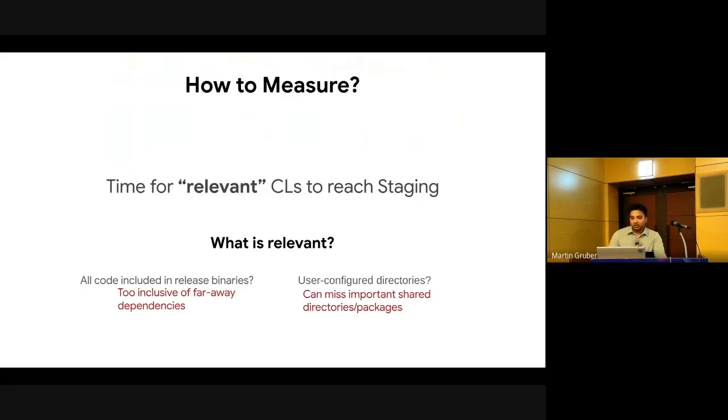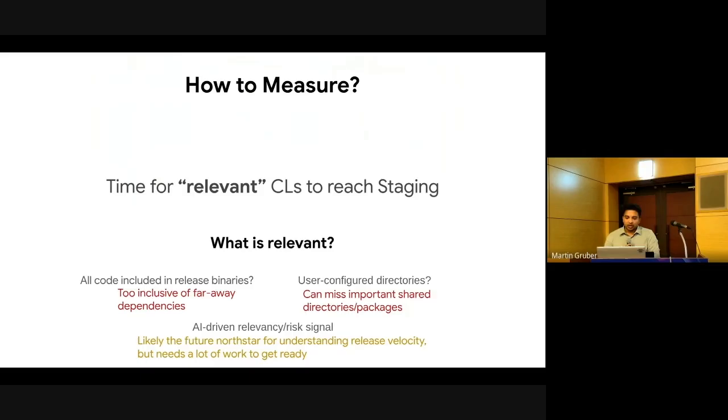You could say, well, your release project has certain directories configured that we care about. And oftentimes those can be too selective. Maybe there are some shared directories between your team and other teams that matter. So it's very difficult.